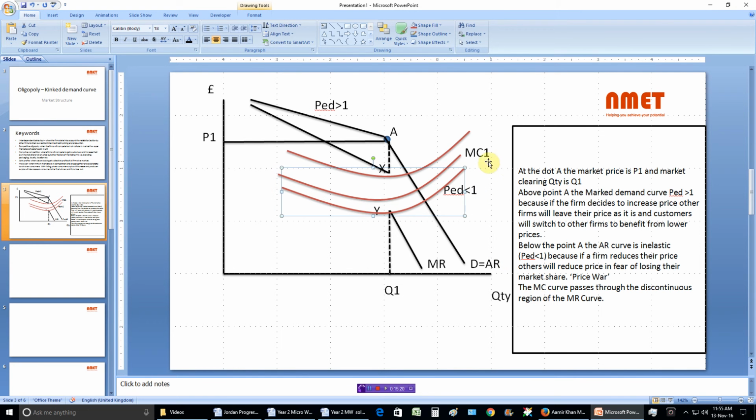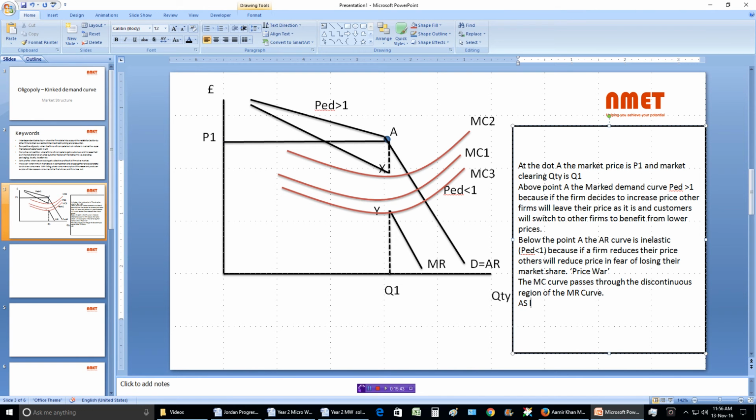So I've drawn three situations over here. MC1, which is the original. Then I've got MC2, where the MC curve, or the cost of manufacturing additional units, has actually gone up. And then I've done the third one, where the marginal cost has fallen, but the firms are maintaining the same price.